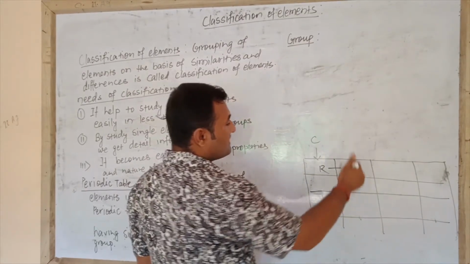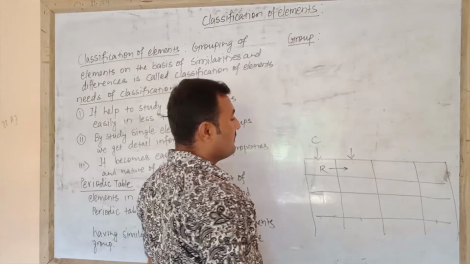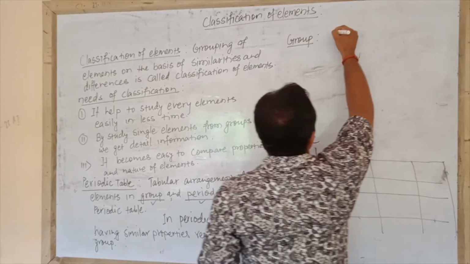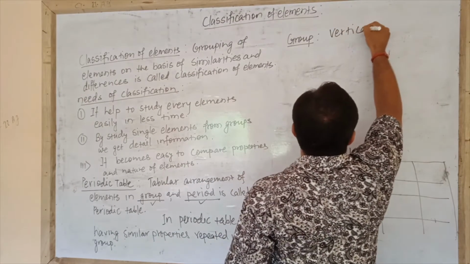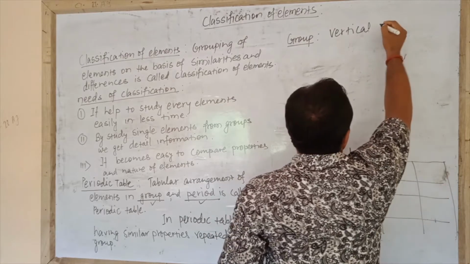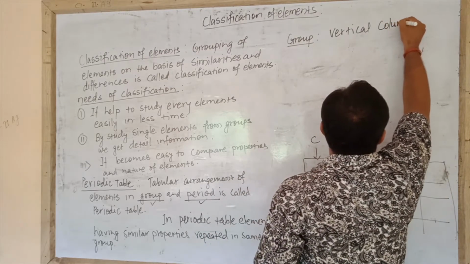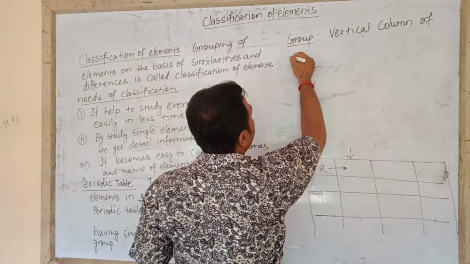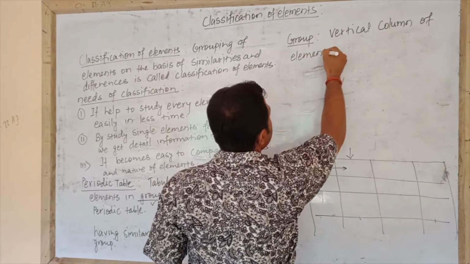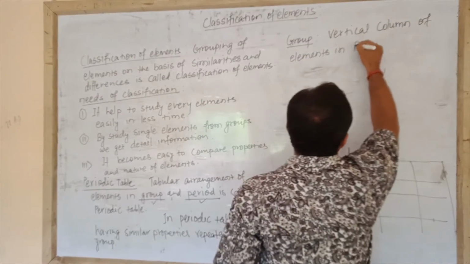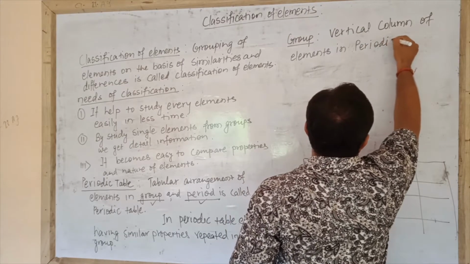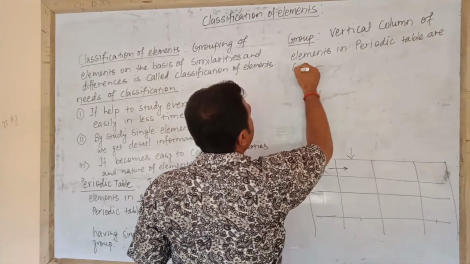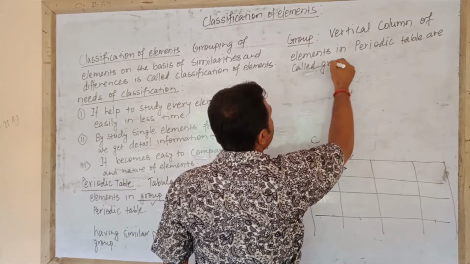Every vertical column of elements in the periodic table is called a group.